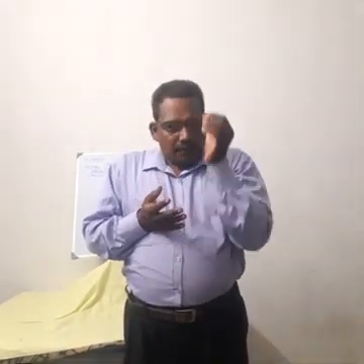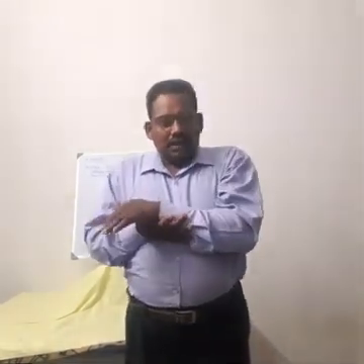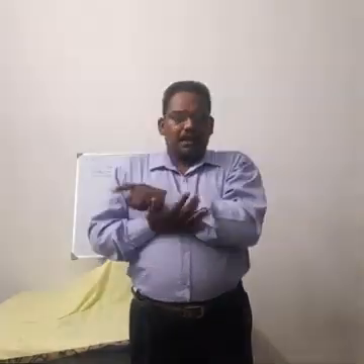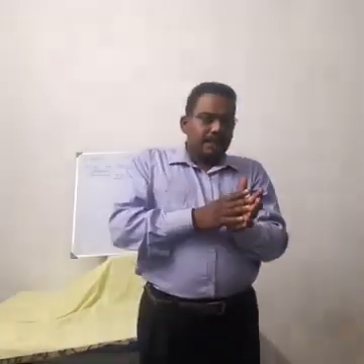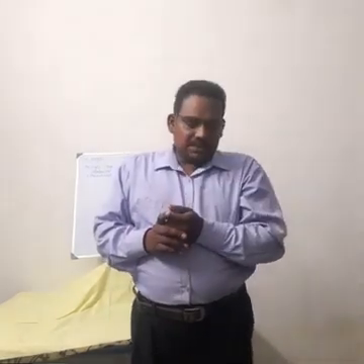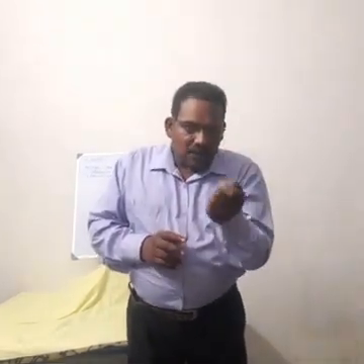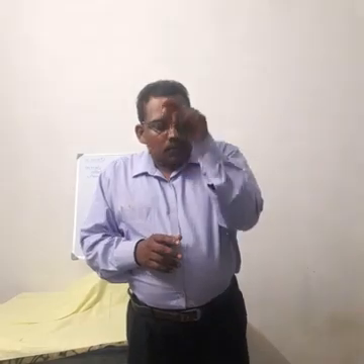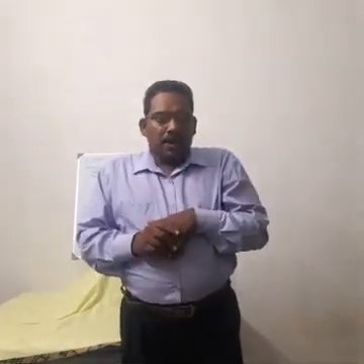Okay? Number of moles is converted into mass means you multiply by molar mass. This is the first condition. Then number of moles is converted into volume means multiplied by 22.4 liters. Volume is converted into number of moles means you divide by 22.4 liters.